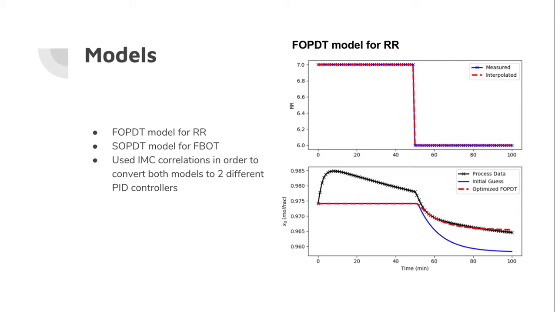That one was not as close of a decision for us to make, and so we went with those parameters and used IMC's tuning correlations to make PID controller parameters.